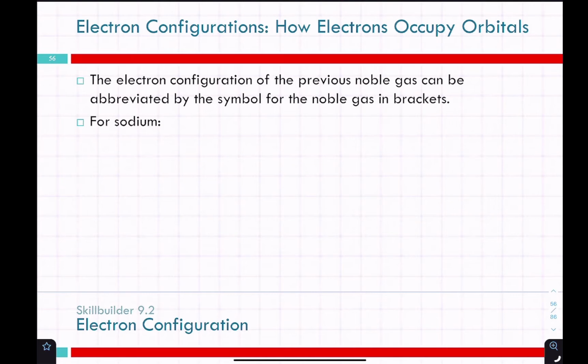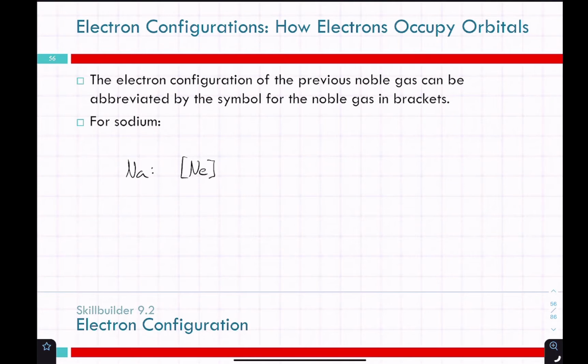So the noble gases are especially stable, and we say, okay, if we're going to do something like sodium, we look at where sodium is on the periodic table, right? It's in the third row. So the electron configuration for sodium before that is going to be the same as neon. Let's write neon in brackets.